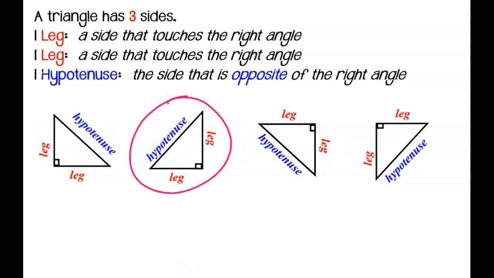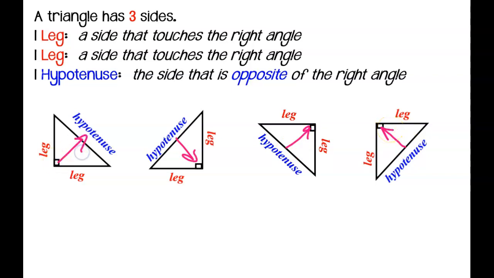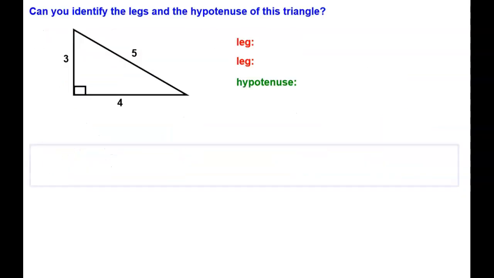But notice as the triangle rotates or reflects, this triangle is a reflection of that triangle, that the hypotenuse is always across from the 90-degree angle. And if you can find that 90-degree angle, you can find the hypotenuse. So that's a main idea for you today.